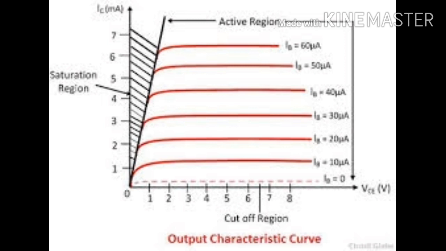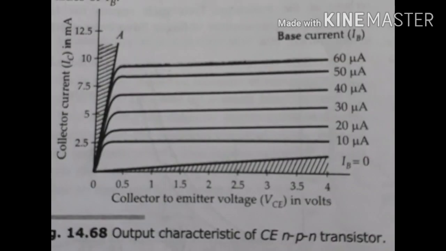We can find three regions from the output characteristic curves: the saturation region, the active region, and the cutoff region. Transistors can be operated in different regions according to our needs. The shaded region towards the left of the saturation line, that is OA, is called the saturation region, and in this part VCE is less than VBE.